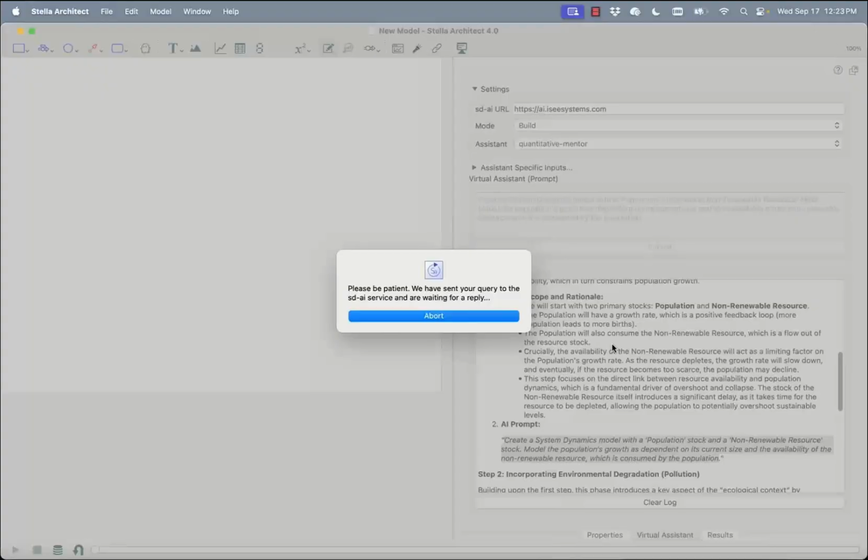The simulation settings that the LLM has access to are the start time, the stop time, the DT, and the time units. Likewise, for each variable, the LLM is able to determine its type, its equation, any inflows or outflows if it's a stock. If it's a graphical function, it's able to generate a graphical function. It also always generates documentation and units.